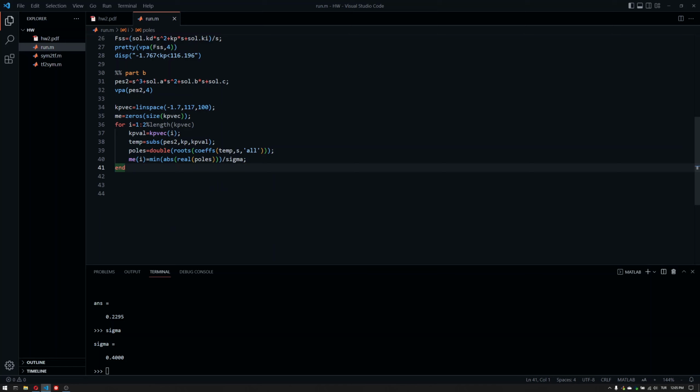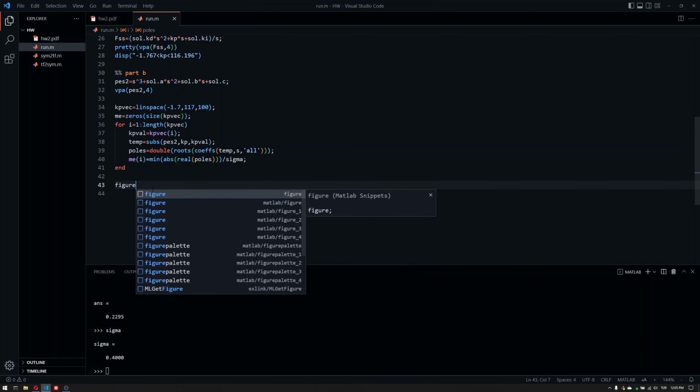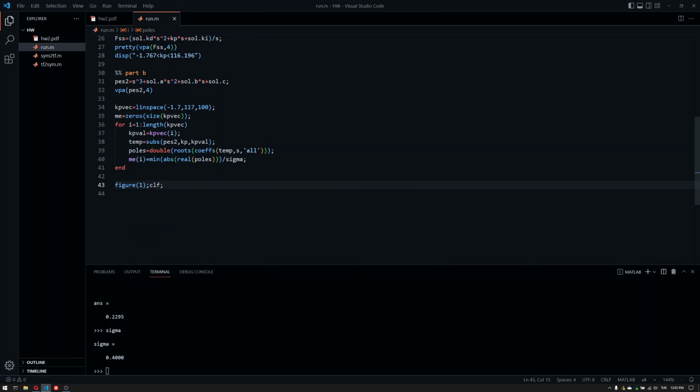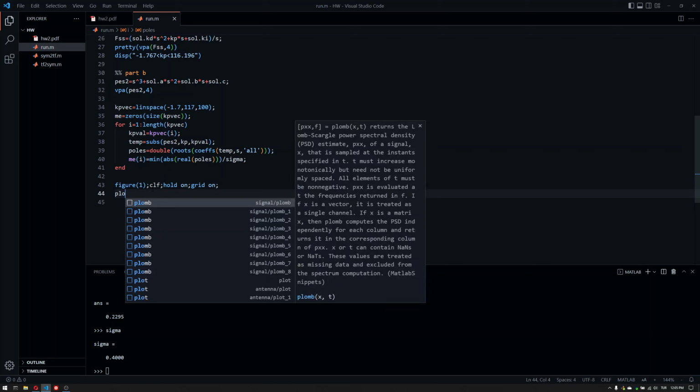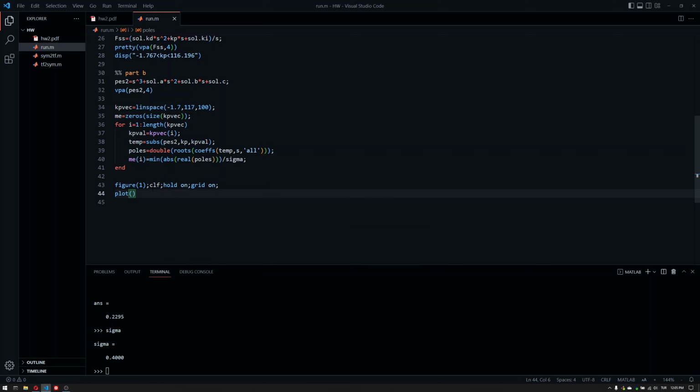Now let me open it up back again, like this. So let us create a figure. And let me plot KP versus ME, line width of 2.